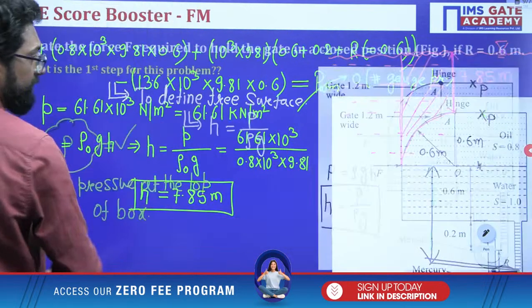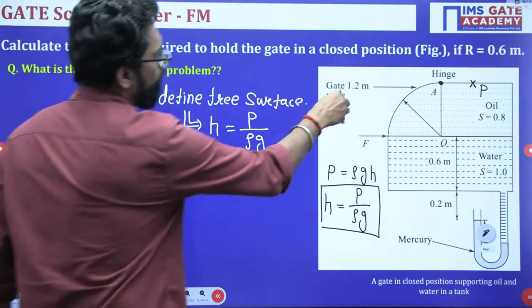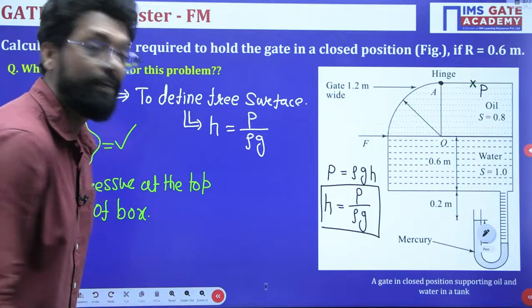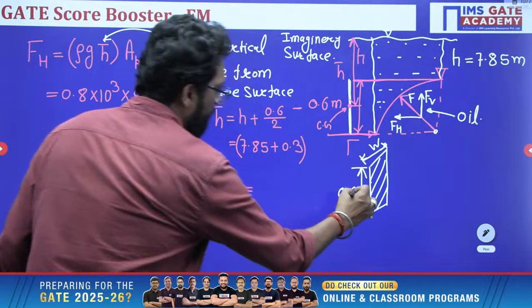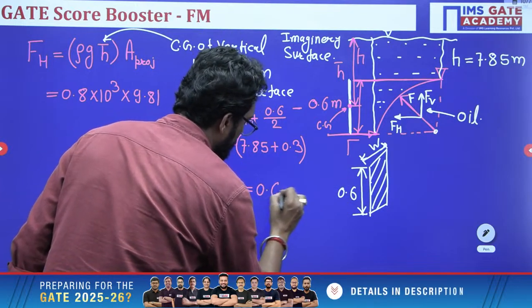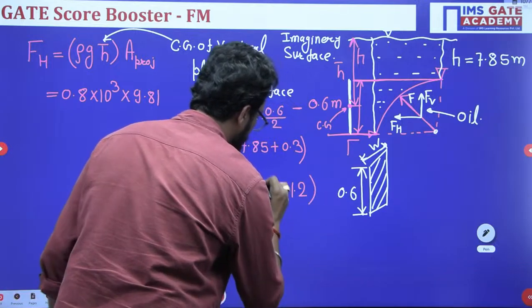Width in this question is given, beta. Width 1.2. So area projection is 0.6 into width 1.2. This is the area.